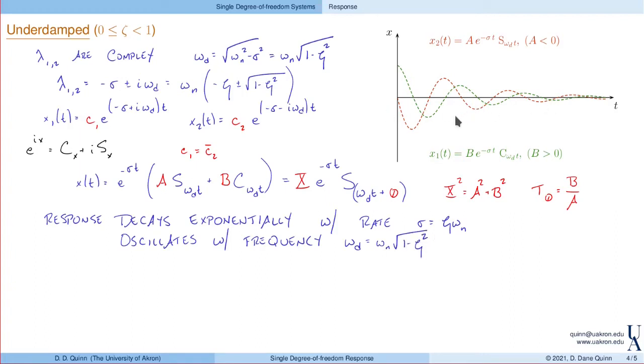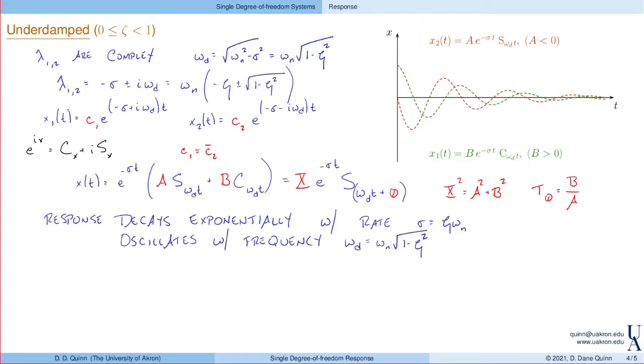Again, up here I have basically illustrated an example, right? So x1 here is going to be b e to the minus sigma t. It's going to be the cosine term, and I have chosen b to be positive, right? x2 in red is the sine piece of this, and here a is negative.